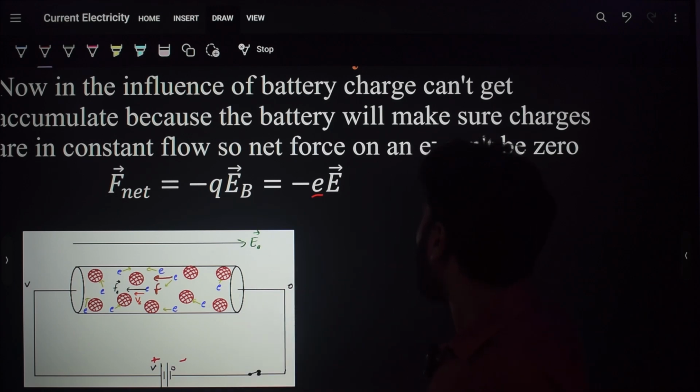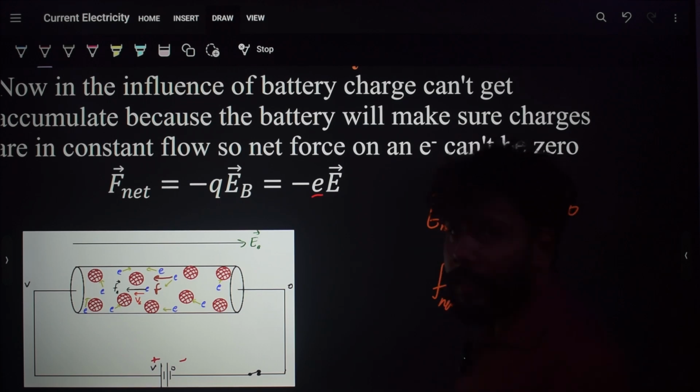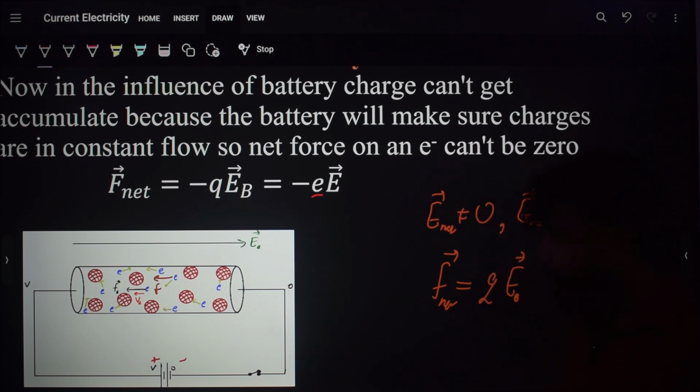So in that case, E net cannot be 0, because there is no induced electric field, and if there is no induced electric field, E net cannot be 0. In that case, F net will also not be 0, but rather it will be Q times the electric field of the battery.